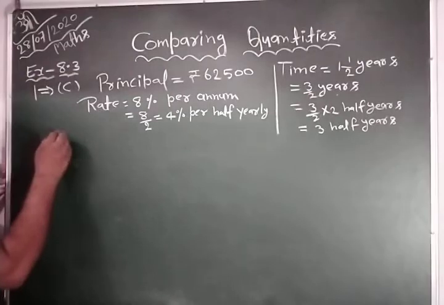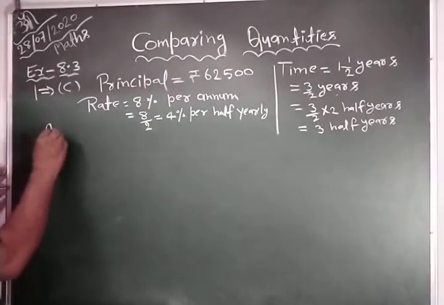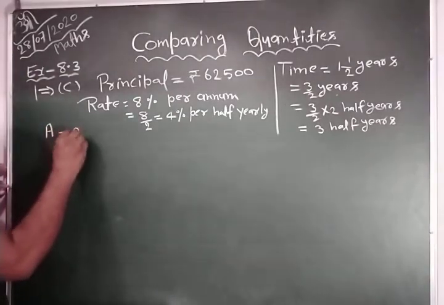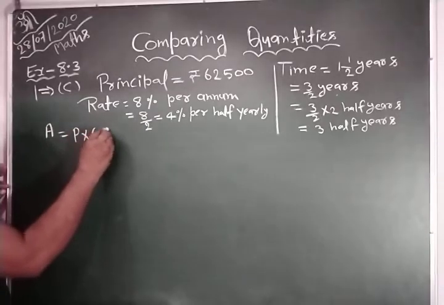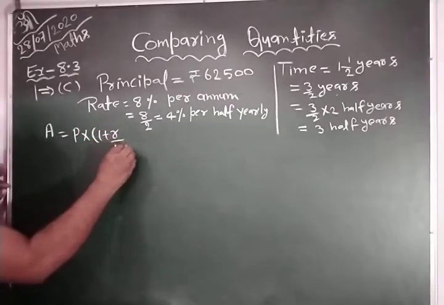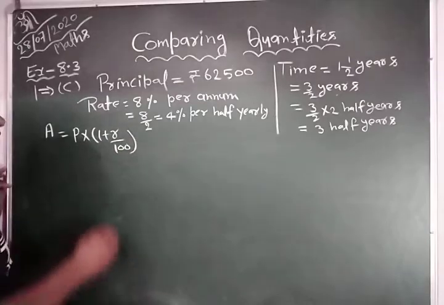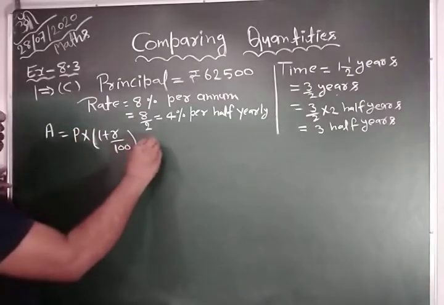So here I write amount is equal to P into (1 plus R by 100) to the power n. Clear?